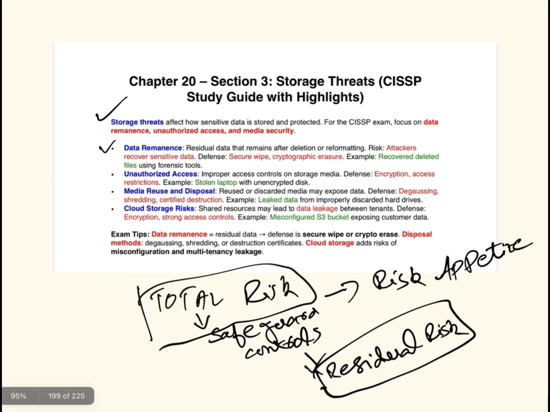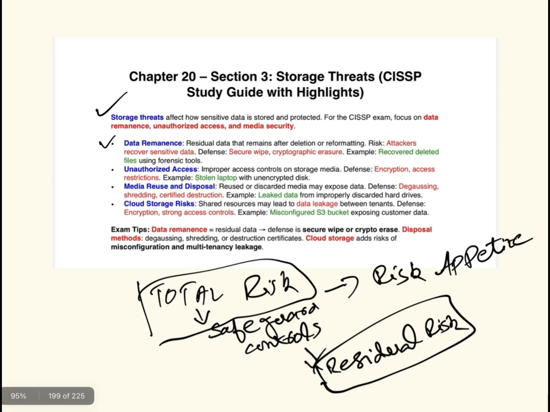After installing controls, we have residual risk, which means leftover risk.